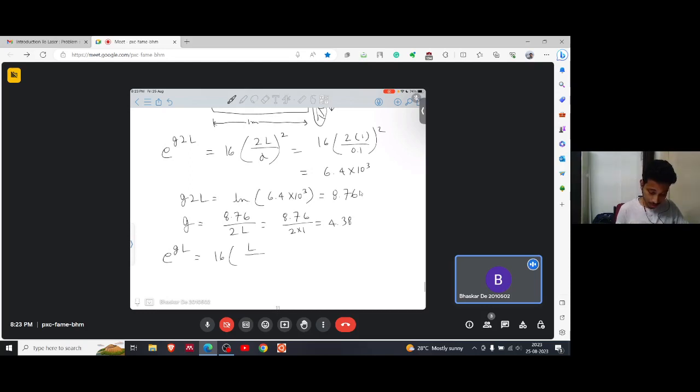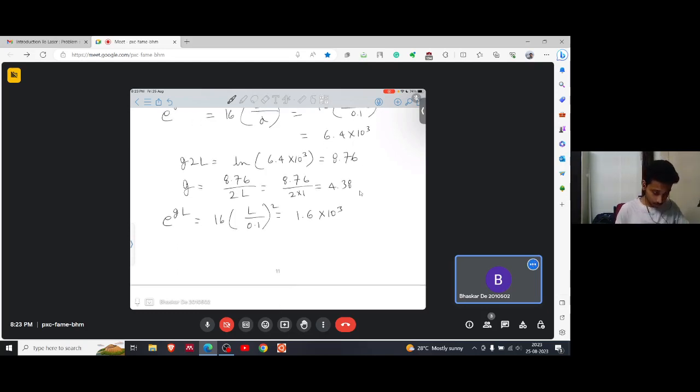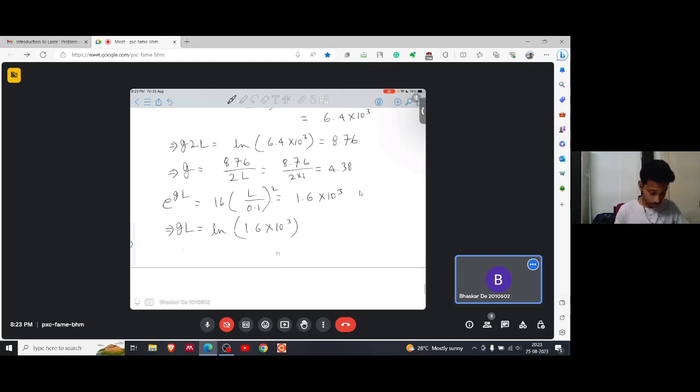16 l, again the 2l is replaced by l, equal to 1.6 into 10 to the power 3. So gl equal to ln of 1.6 into 10 to the power 3, g equal to 7.38.